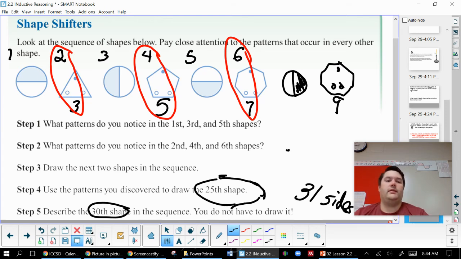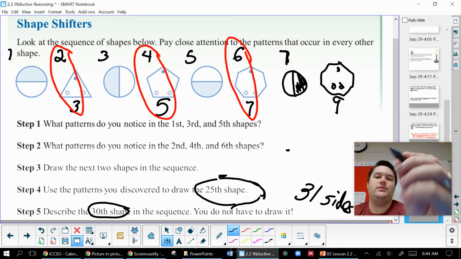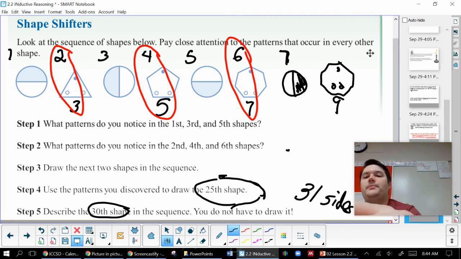So 1 looks like this, 3 looks like that, 5 looks like that, 7 looks like that. But hopefully what you notice is what would happen once I get to the 9th term. If we're taking this shape and we're rotating it counterclockwise again, the 9th shape actually looks exactly the same as the first shape. So 9 looks the same as 1.